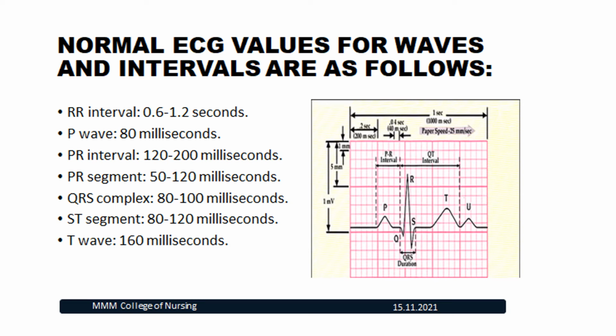P wave 80 milliseconds, PR interval 120 to 200 milliseconds, PR segment 50 to 120 milliseconds, QRS complex 80 to 100 milliseconds, ST segment 80 to 120 milliseconds, T wave 160 milliseconds.